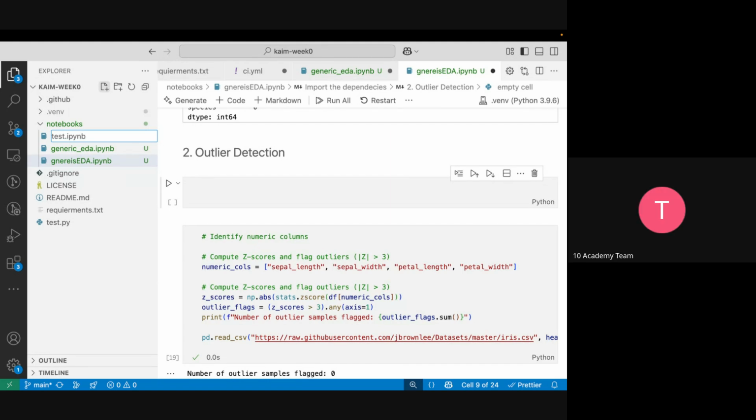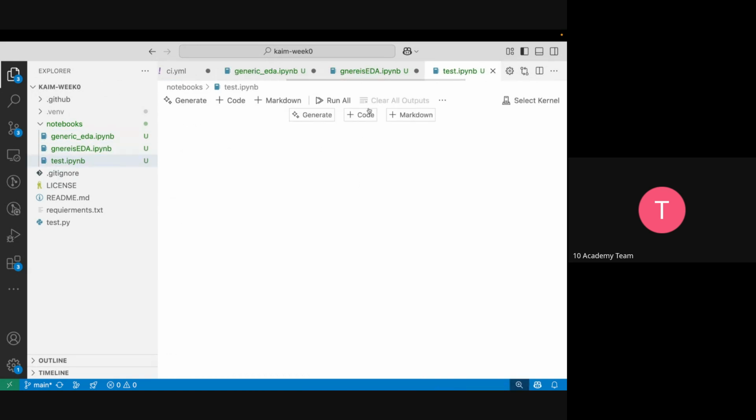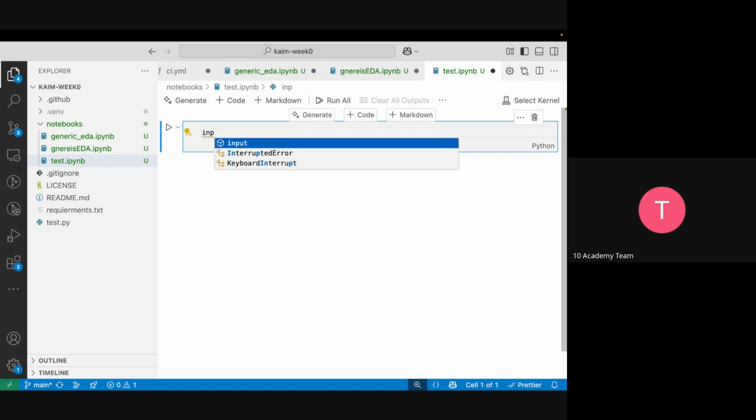Yeah, in addition to that, you just need to install the kernel that's going to run this, okay? So once you save it, write something, let's say import.